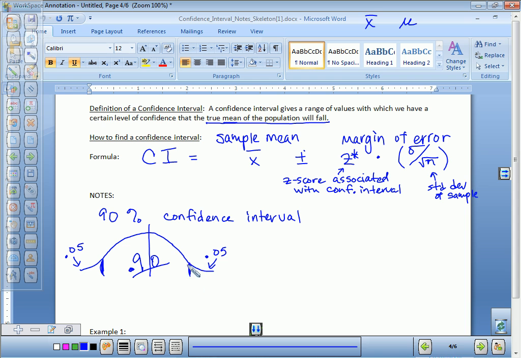Now, that Z star is this upper bound of your confidence interval. So if we wanted 0.90, this upper bound is the 0.90 plus this tail. So it would be associated with a 0.95.